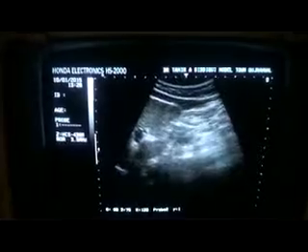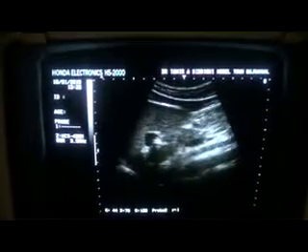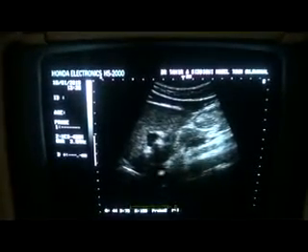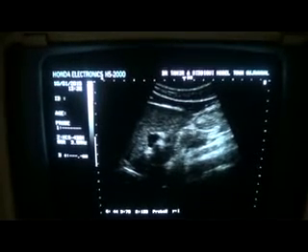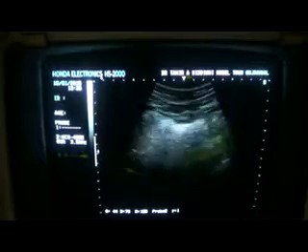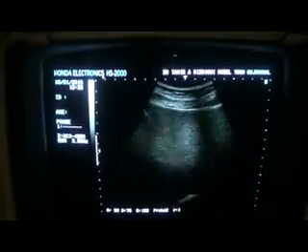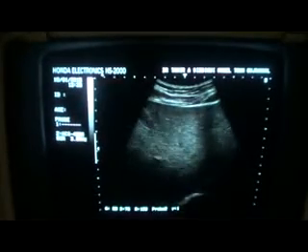Another thing to note in all such cases is to see the para-aortic region, if there is any para-aortic adenopathy. This is the aorta, this is the superior mesenteric artery, portal vein, this is the head of the pancreas.